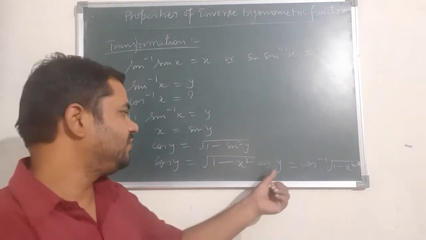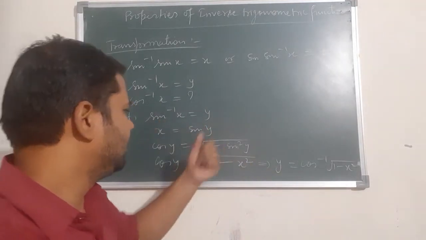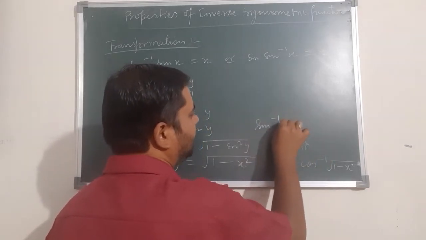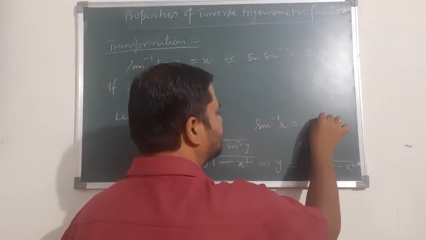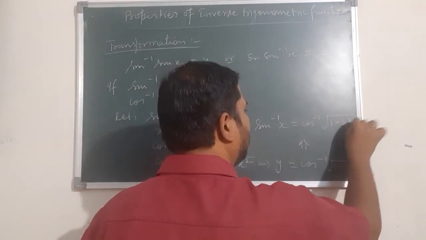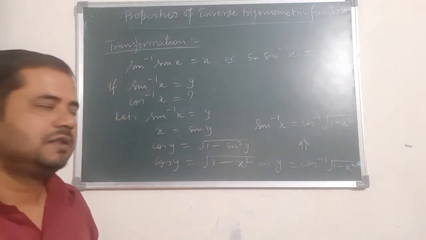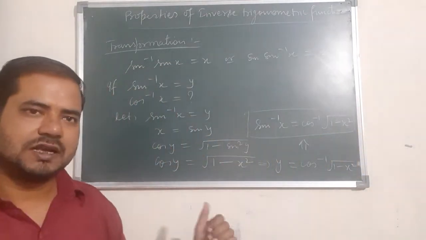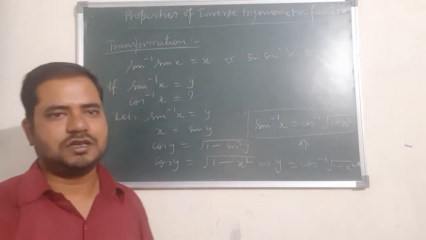And what is the value of y? Y is nothing but sine inverse x, so we can write sine inverse x is equal to cos inverse of root of 1 minus x square. This is the transformation, that means sine inverse x in terms of cos inverse.